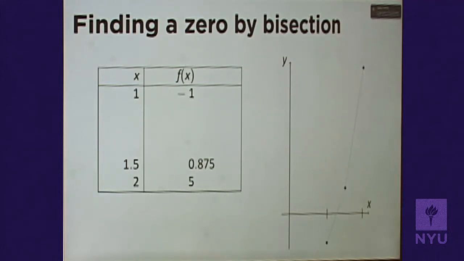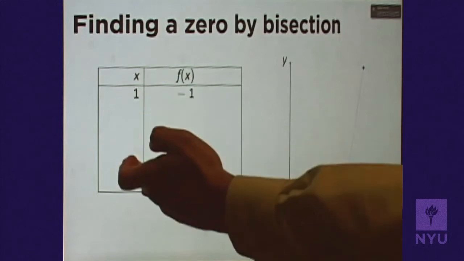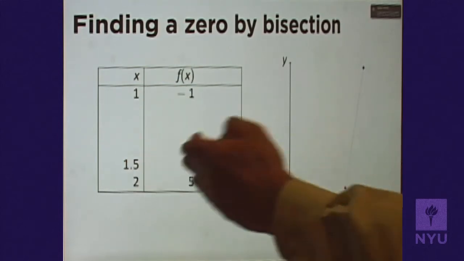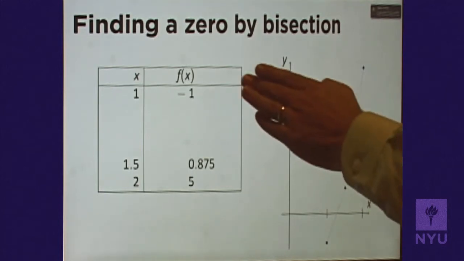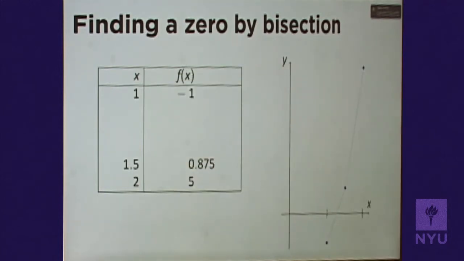So what we've discovered is that on the interval 1 to 1.5, the function changes from negative to positive. So just like in the original situation, where it changed between 1 and 2, now I know that it changes sign in between 1 and 1.5. That's a smaller interval now. I know c to greater accuracy.